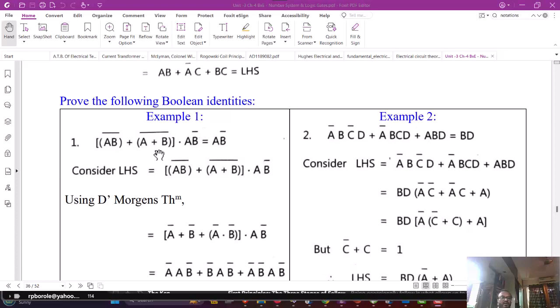So 1, 2, 3 and 4 gates and an additional 3-input AND gate are required to implement the left hand side. Whereas if this is simplified to A B bar only, then you can have one inverter that inverts B, getting B complement, and one 2-input NAND gate. So 5 gates are replaced by only 2 gates, and that will reduce and simplify the hardware.